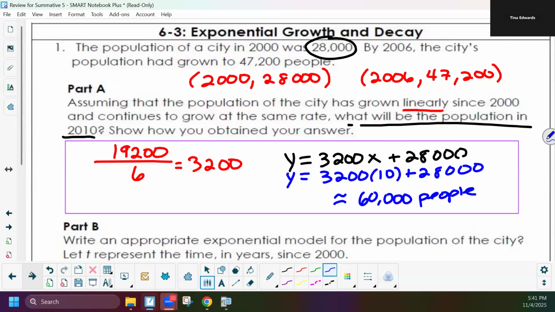Okay, we had to round because we cannot have partial people. So you had to find the slope, you had to find the y-intercept, write the equation.